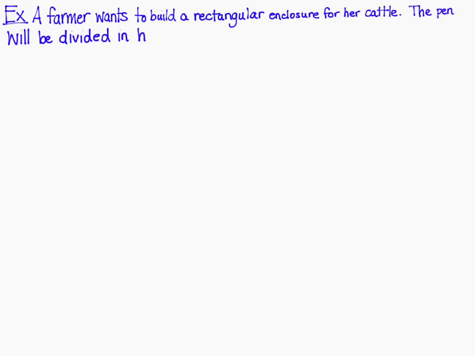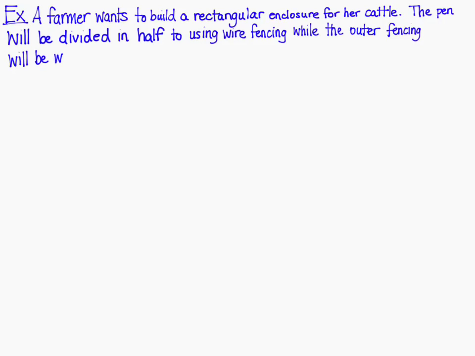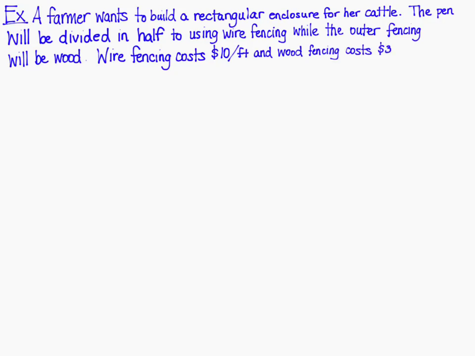Let's look at another problem. A farmer wants to build a rectangular enclosure for her cattle. The pen will be divided in half using wire fencing, but the outside of the fence will be made of wood. Wire fencing costs $10 per foot, and wood fencing costs $30 per foot.